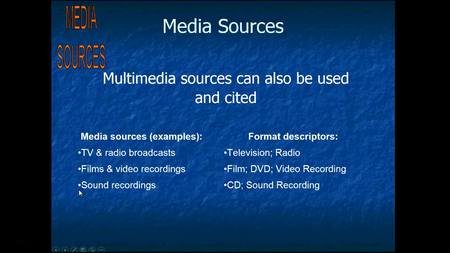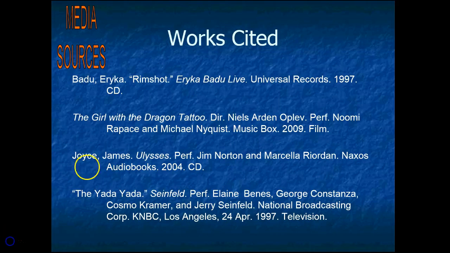There may be times that you choose not to use print or web articles. Maybe you'll use media sources such as a TV show or a film clipping. Any of these here, if you take a look at these. You can find these examples again on OWL Purdue or in the back of your book, but let's just take a look at the second one here. The Girl with the Dragon Tattoo, we must have used a quote or summarized part of this movie in our paper.